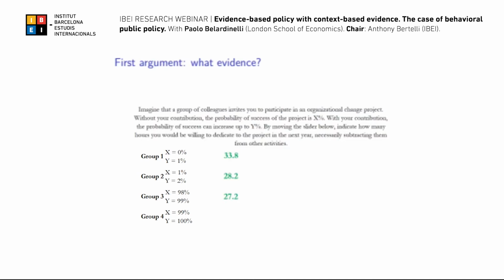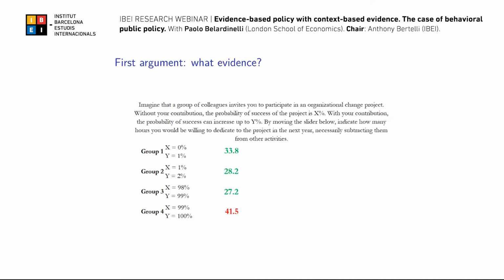Okay, so here the results for the first 3 groups. We don't observe any, what they call, possibility effect. So there is no significant difference between group 1, group 2, and group 3. Partially not confirmed, bounded subadditivity, but there is a certainty effect.